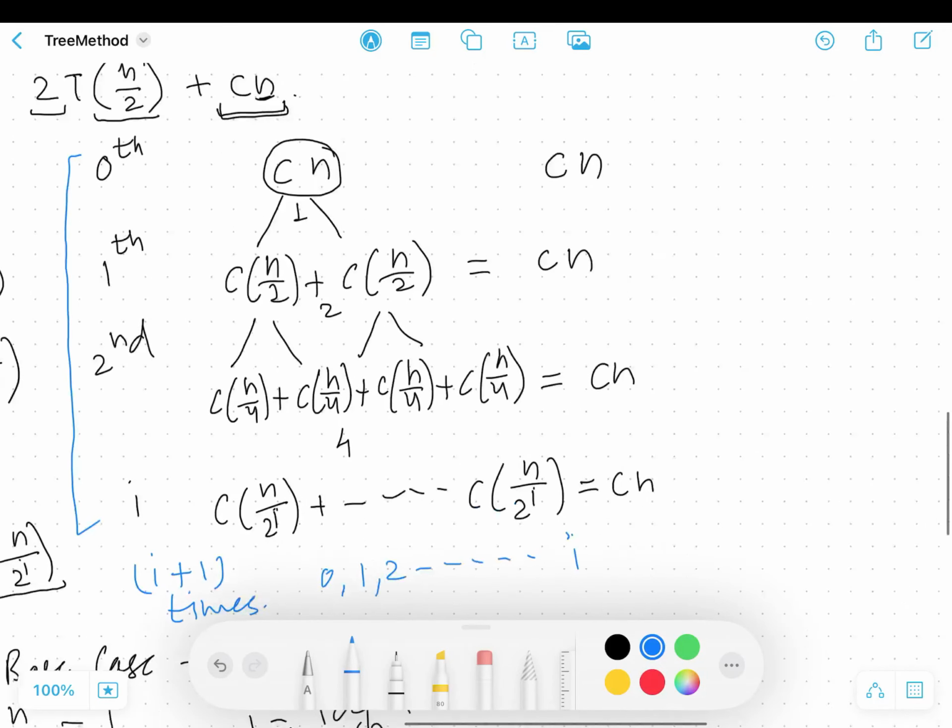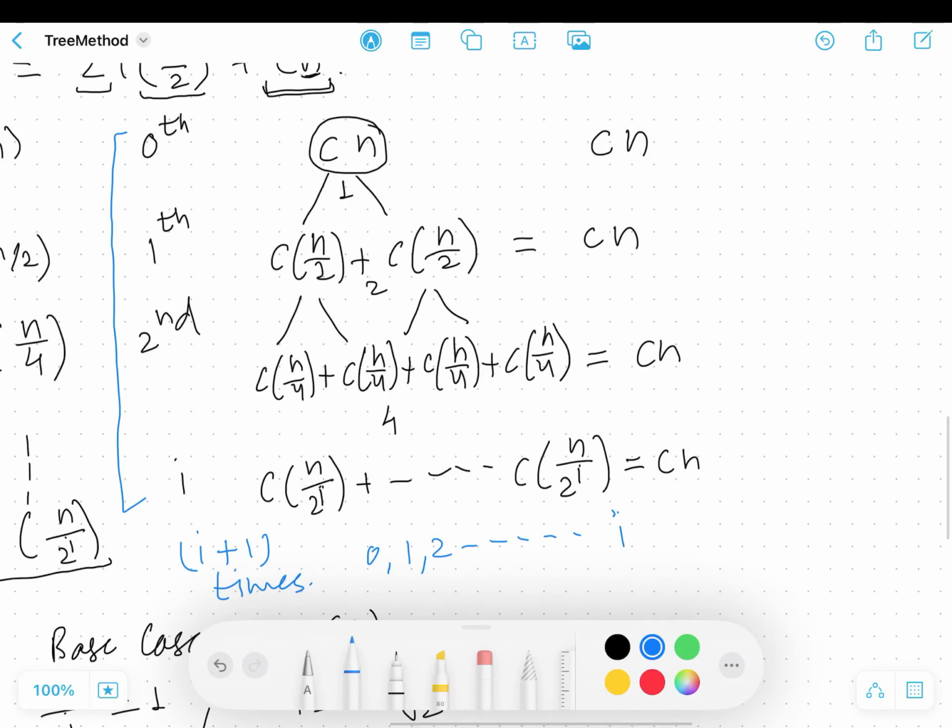Now, as I described, what we are going to do is sum at every level, and then sum all the levels.